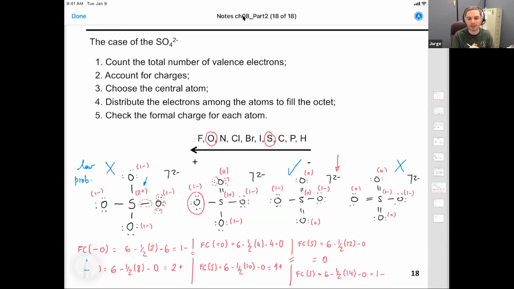And in this case it is the third option, because it has the highest number of zero formal charges and the negative charges are located at the most electronegative atom. Therefore, the structure of the sulfate ion has two double bonds and two single bonds. And in this case, we have a hypervalence for the sulfur. And that's how you use formal charges to decide which structure is the best.